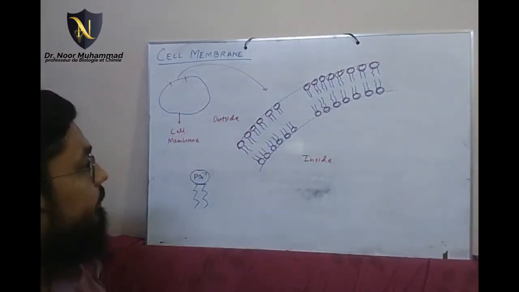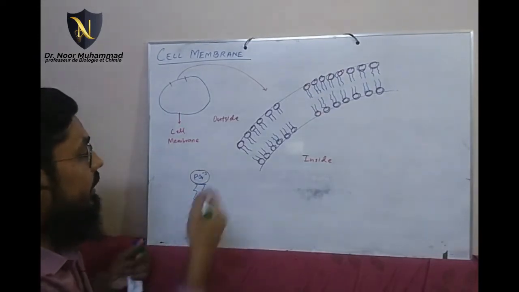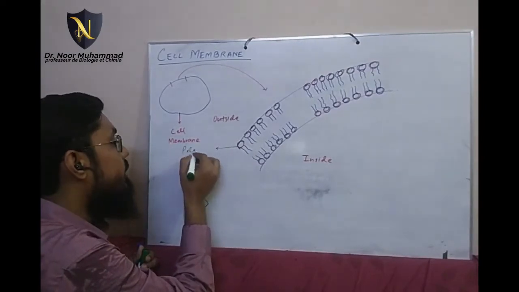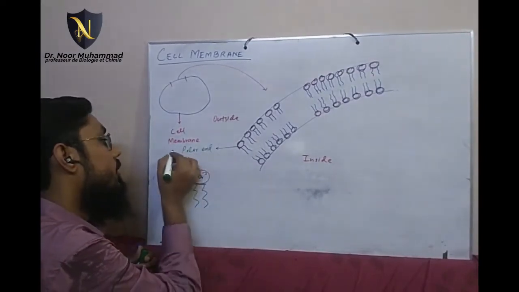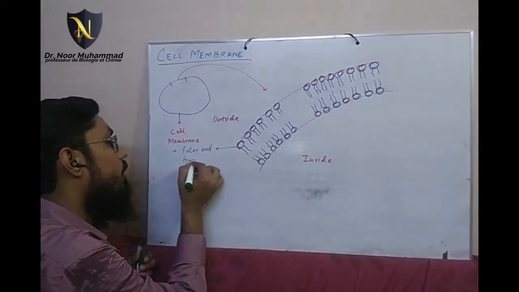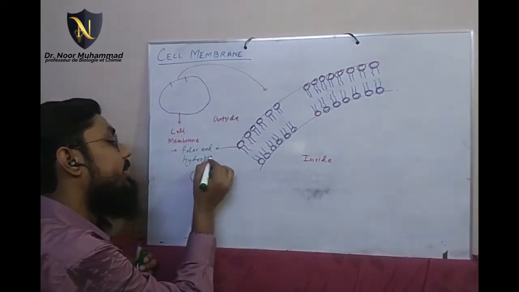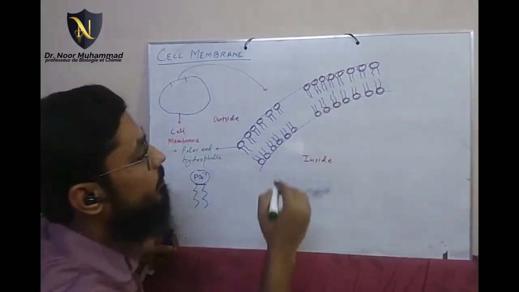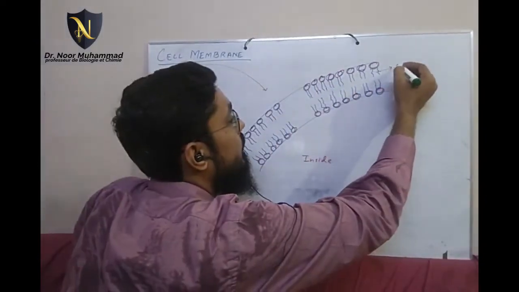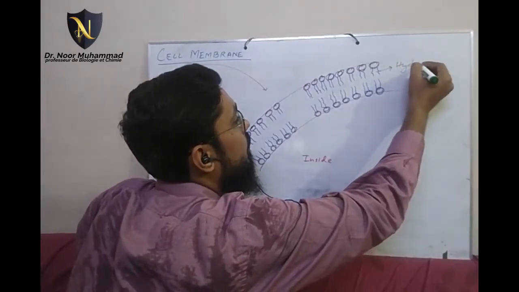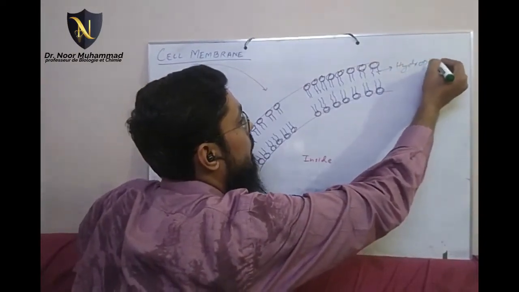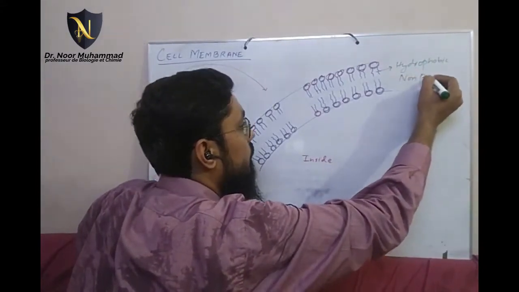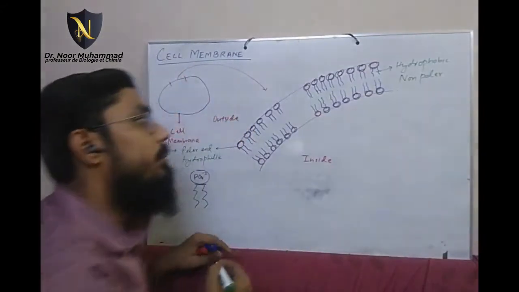I should label them: this is the polar or hydrophilic end. As it is polar, it can attract water, whereas this end here is the hydrophobic or non-polar end.